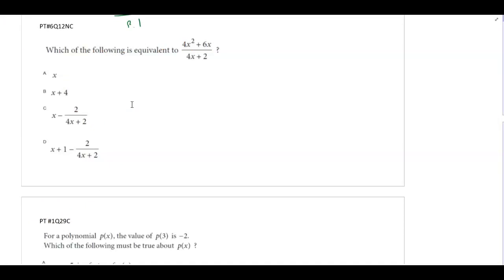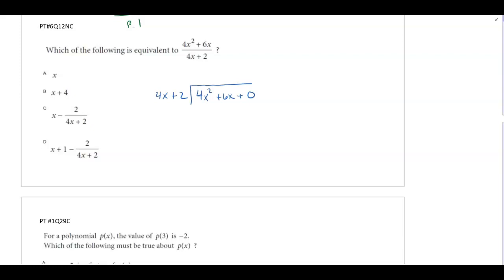So the next example. When you look at this, you know you're dividing, and it's much easier to use polynomial long division. Remember, when we use polynomial long division, you must have all your terms from highest exponent to lowest and fill in zeros with any missing terms. That goes on the outside.